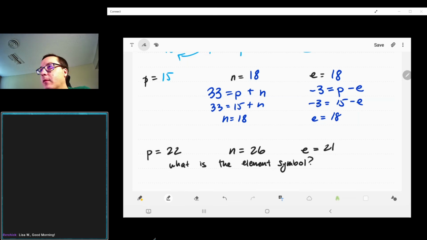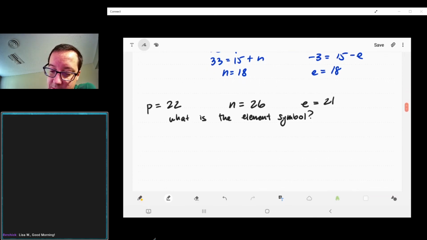It's really much the same thing that we have been doing, but just in reverse. So just like before, the protons are going to be the easier one for us to work with, so let's deal with them first. We know that our element symbol is going to have 4 parts: atomic number, mass number, the symbol for the element, and then the charge.